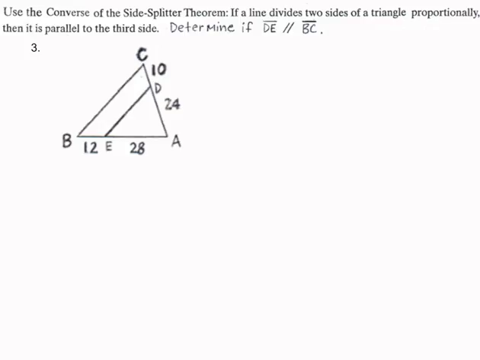Now we're going to use the converse to see if those two lines right here are parallel. So that means what we're going to do is see if those two proportions are equal. So I'm going to start with 12 to 28.